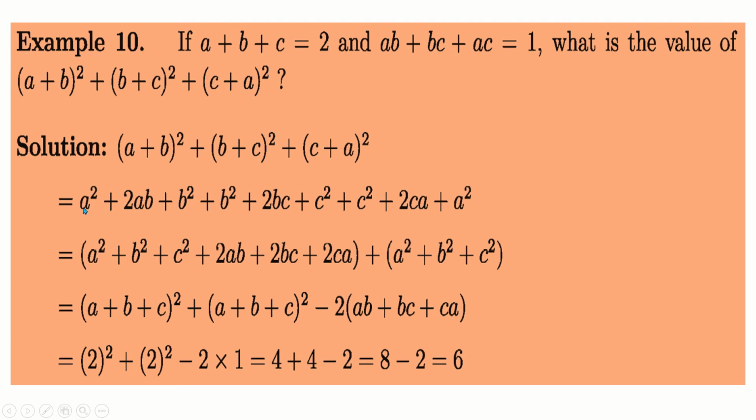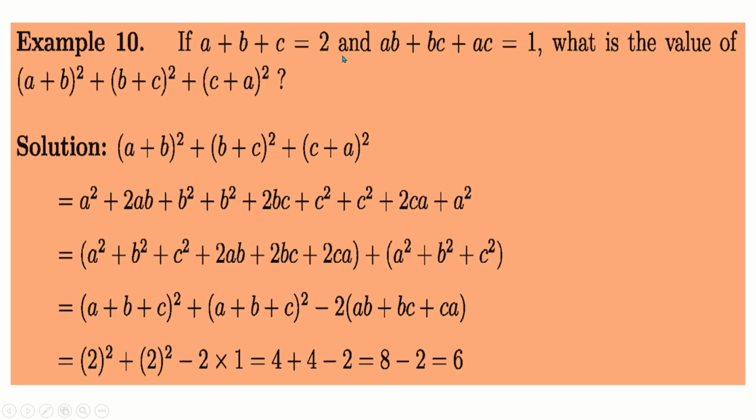Now write in arrange here a square plus b square plus c square plus 2ab plus 2bc plus 2ca, and another a square plus b square plus c square. Okay, this makes a formula. This equal to, you can write (a plus b plus c) whole square. Okay, and this equal to, you can write (a plus b plus c) whole square minus 2 into (ab plus bc plus ca).